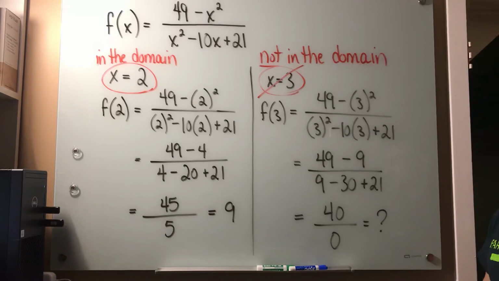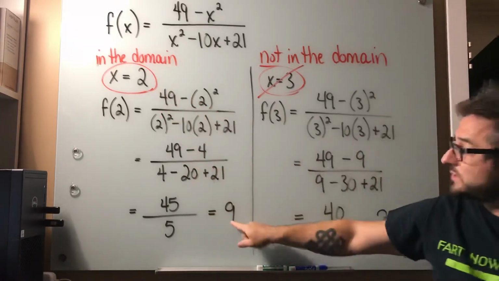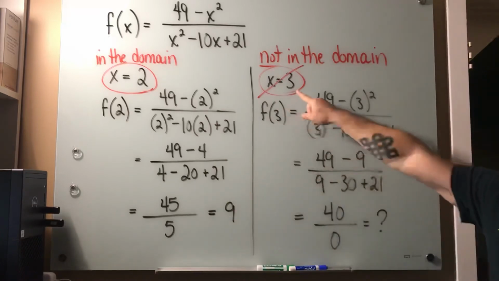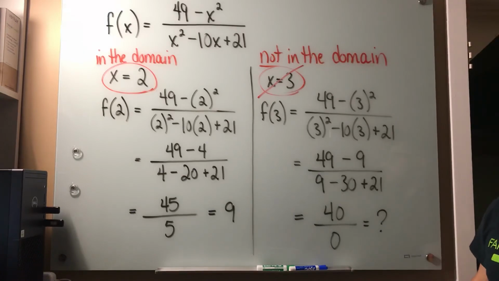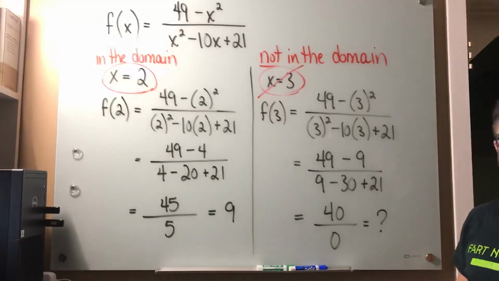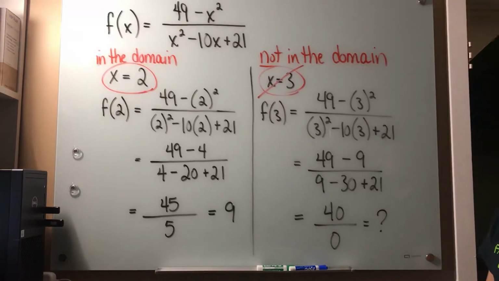And the whole difference is because the input of x equals 2 produced an output, and the input of x equals 3 did not. So again, the questions to be addressed here are how a function produces its output, and why might that process break down? Why might it not be able to do so?